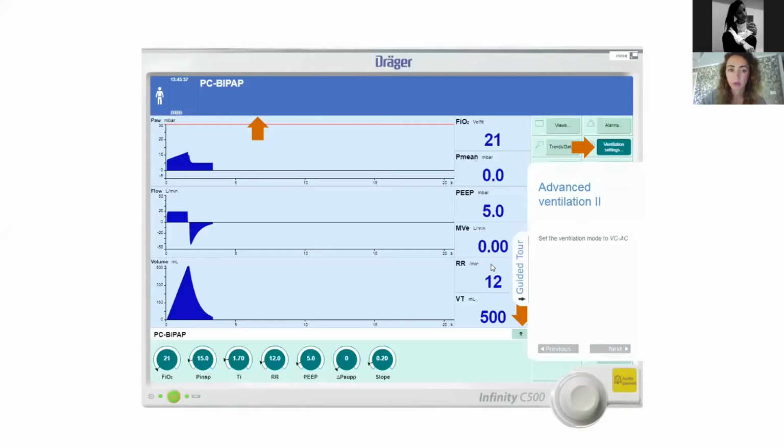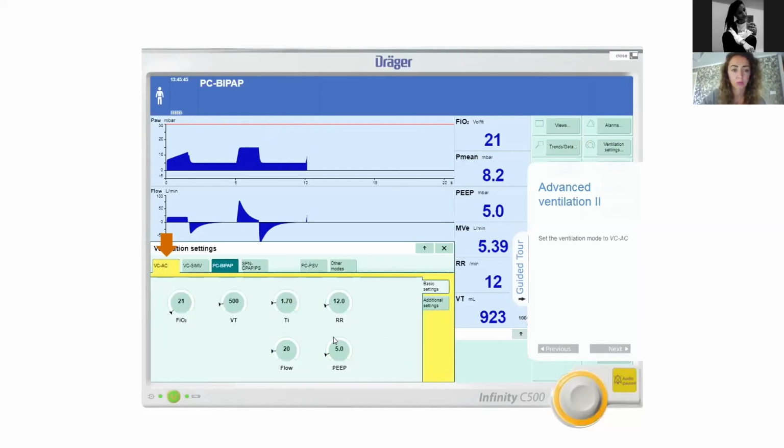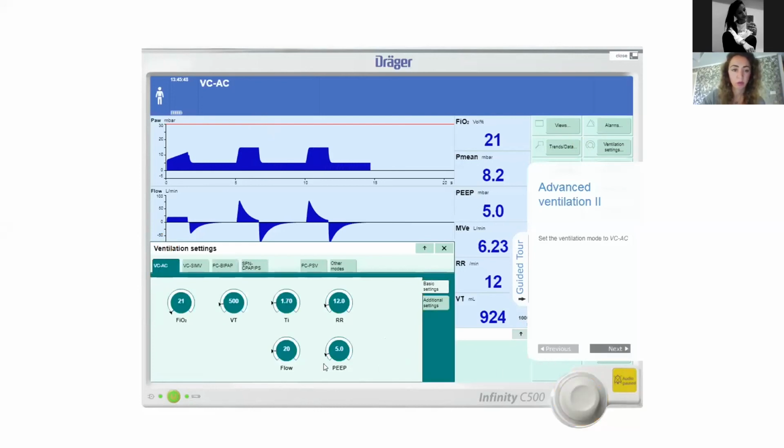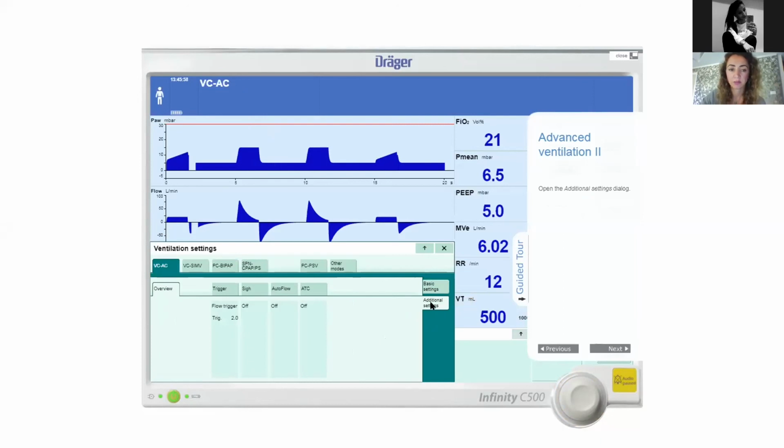Also very interesting. I will go there now. So we have ventilator setting. If we put the patient on volume control, assist control ventilation, I will confirm this one because it's asking me. We go on to the next one. We have the additional setting dialog, and we have the trigger, how much force the patient should use so he can breathe on his own.